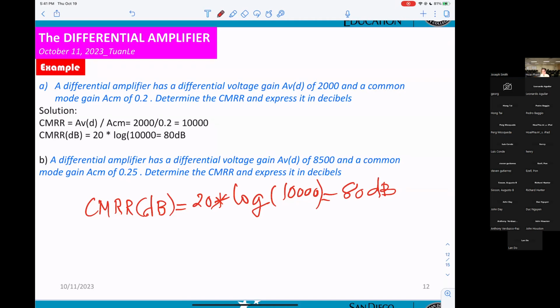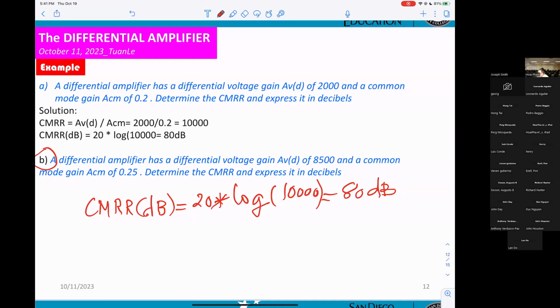Okay. In order for you guys to understand, you do number B for me. A differential amplifier has a differential voltage gain of 8500 and a common mode gain of 0.25.